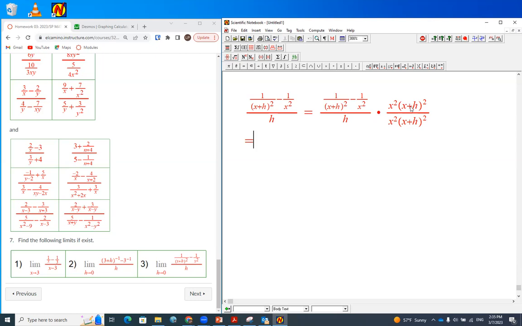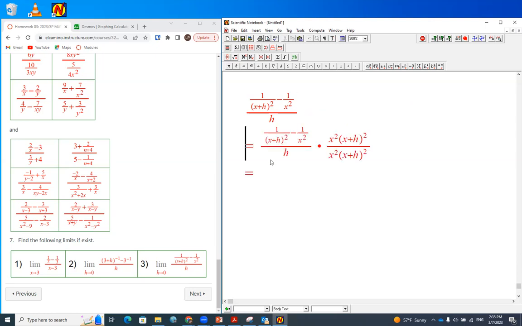But anyway, we multiply by 1, and then we do the same thing. We distribute the common denominator, this factor multiplies this piece and multiplies that piece, and the denominator times the denominator.